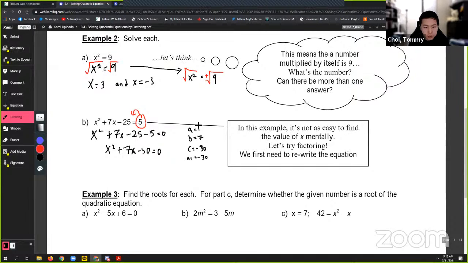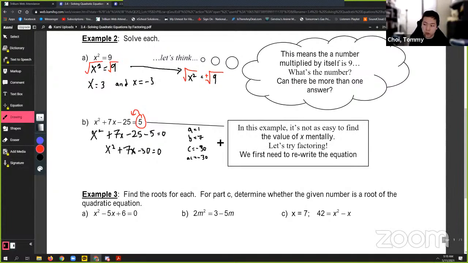Once we have that, we write down all the important parts we need for factoring, which is A, B, C, and AC, and then two numbers that multiply to negative 30 but add to positive 7. 10 and 3.